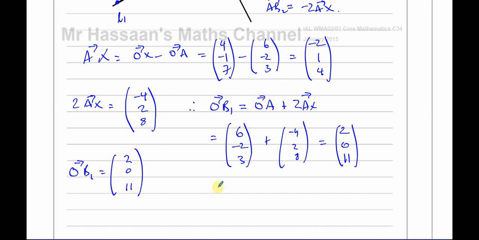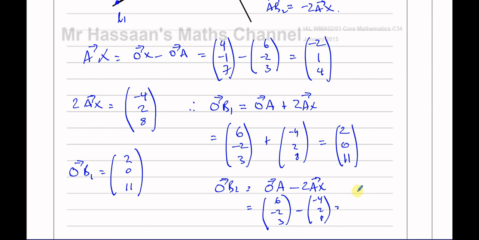And then we can say O to B2 is O to A minus 2 times A to X. So it's going to be the same thing here, 6, minus 2, 3. But instead of plus, you'll have minus minus 4, 2, 8. 6 minus minus 4 is 10.